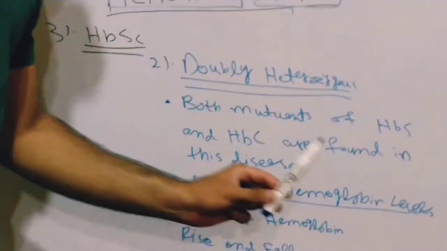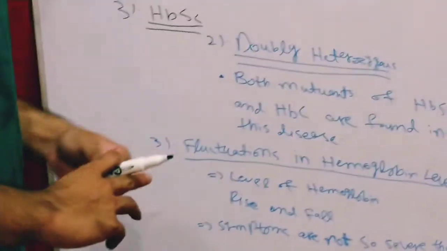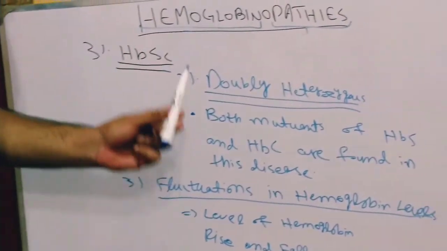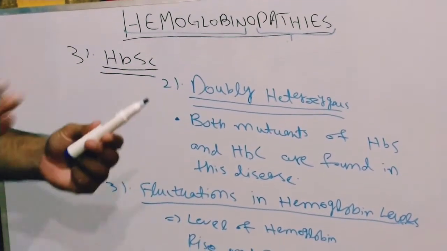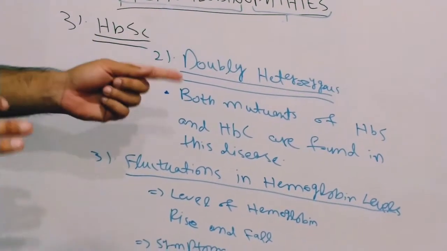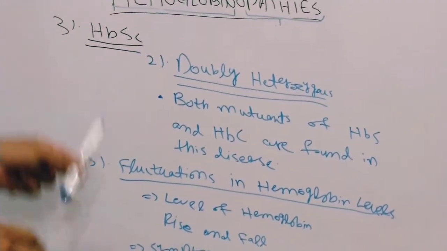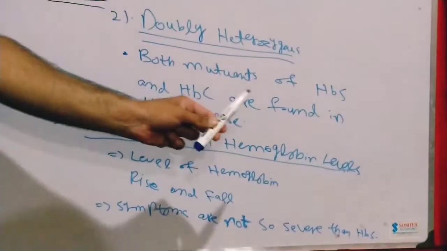Now, what does this line mean? Symptoms are not so severe as HbS, which means that the symptoms HbSC shows are not as severe as those actually shown in the case of HbS. It means its symptoms are milder than HbS.